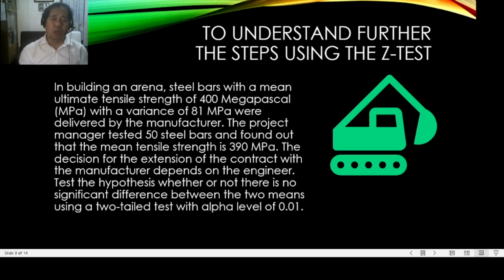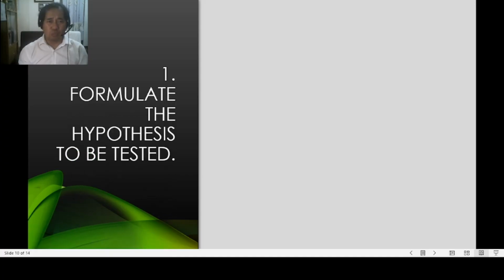Okay, to answer this one, definitely our number one step would be to formulate the hypothesis to be tested. So, what are the hypotheses that we are going to consider? Of course, we have to get the null hypothesis.